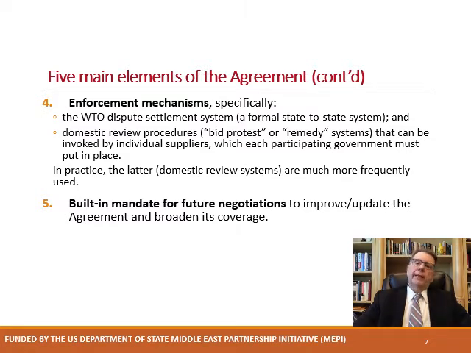So, coming now to the fourth main element, this concerns the enforcement mechanisms that are available under the agreement, under the GPA. Remember, I said that the GPA is a treaty, it's part of international law, so it stands to reason that it will have enforcement mechanisms contained within it. And there are 2 such mechanisms that we need to mention. The first is actually the formal WTO dispute settlement system.